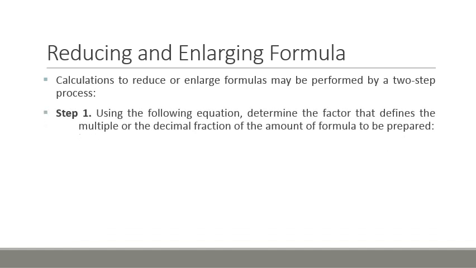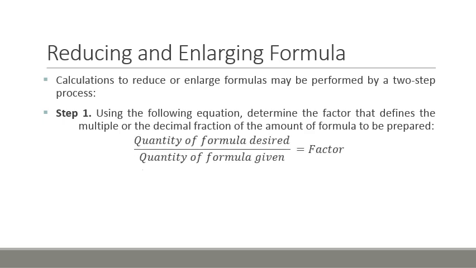Step number one is using the following equation to determine the factor that defines the multiple or decimal fraction of the amount of formula to be prepared. This formula is: quantity of formula desired divided by quantity of formula given is equal to factor.